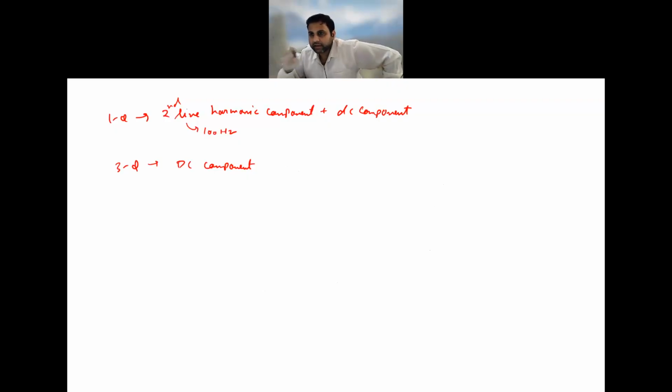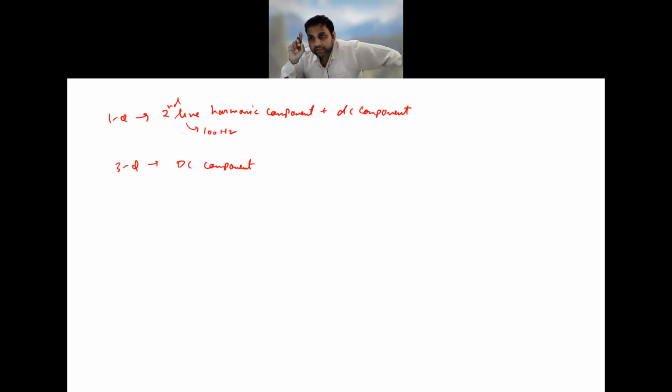So we do not have any second line harmonic component. There will not be any second line harmonic frequencies present in your DC voltage, I mean the voltage of the output DC capacitor.